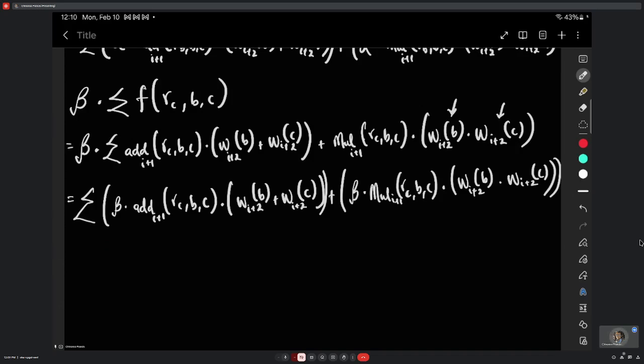But when we now want to merge this add I for rb and add I for rc, when we want to do that merging, that will actually be happening in the GKR protocol.